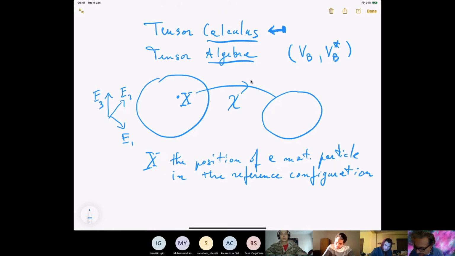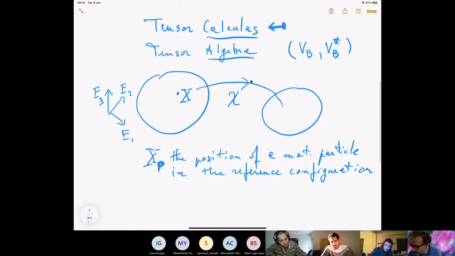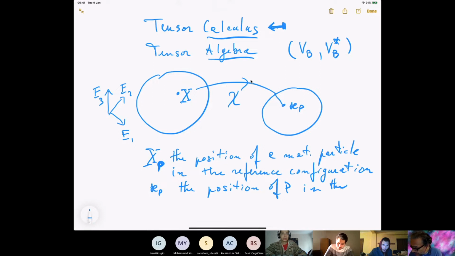And sometimes, for remembering this, I place the lower index P. Why? Because the same lower index labels small x_P, the position of P in the actual configuration.